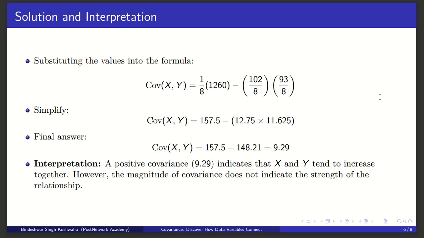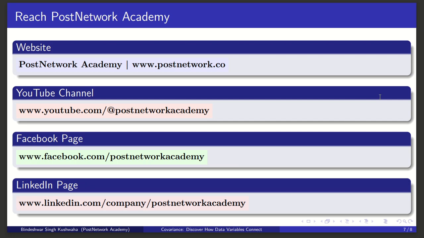So covariance can only measure direction, while correlation measures direction as well as strength, and that we will see in another video.